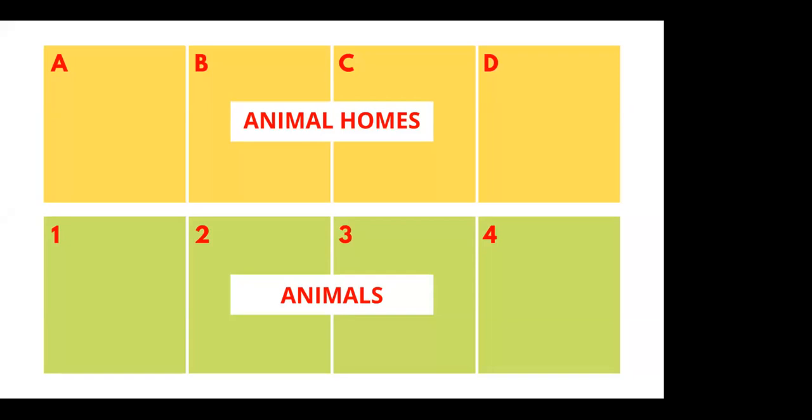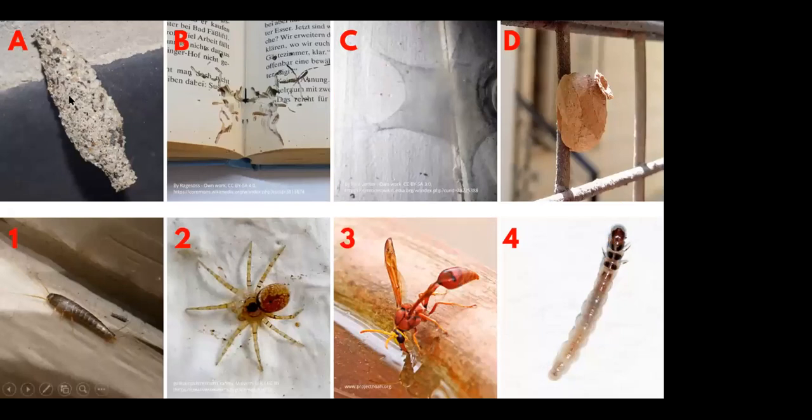So we're going to have 3 rounds, and the first round is animal homes and animals that you may have seen inside your house. So let's start. And remember to write down the answers in your notebooks or on your piece of paper that you have with you. Okay, let's start. So here in the top row, you can see some interesting structures that you may or may not have seen in your house.